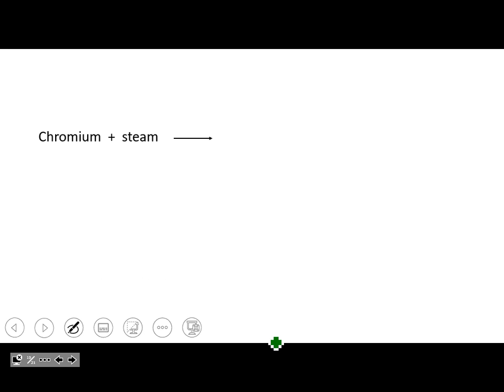Chromium and steam. So chromium is my metal. What's steam, ladies and gentlemen? What is steam? Water in the gas state. Okay. So I have water in the gas state.